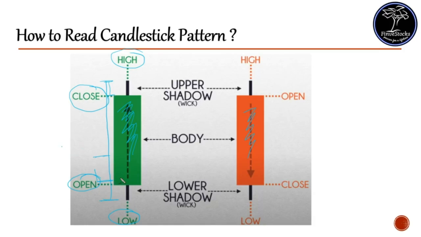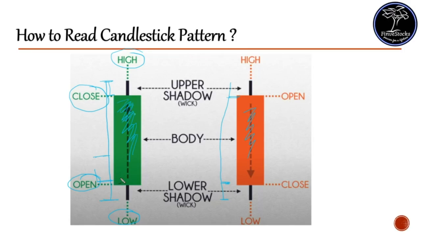When the close point is higher than the open point, it is called bullish candle. Similarly, for a bearish candle, the candle opens at the top. From there, it went to a higher level. From there, it came back to the lower level and it closed somewhere here. So the close point is below the open point. So it is a bearish candle and red in color.